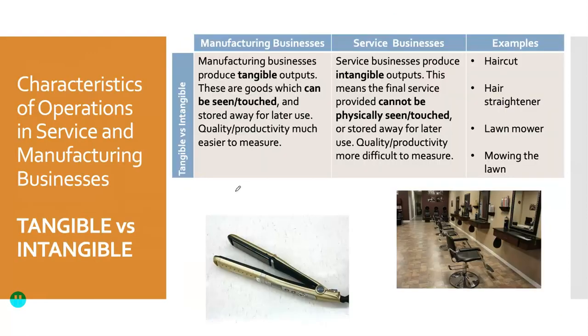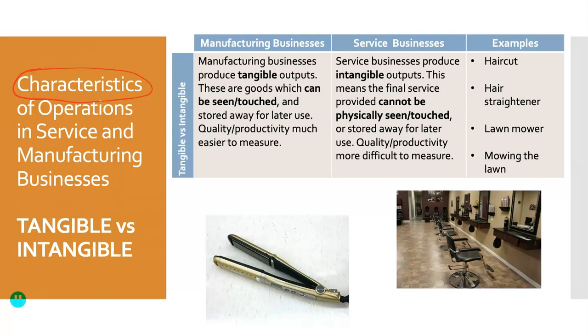Now we're going to move into the actual characteristics, what makes them different. If you see a question in an exam, they should use this word characteristics when they're asking. This part of the study design is often going to ask you to explain the characteristic differences between service and manufacturing businesses.